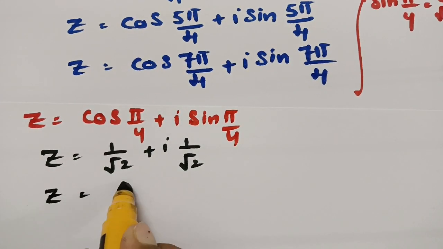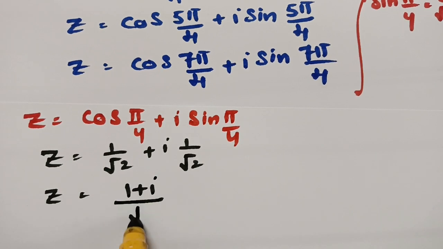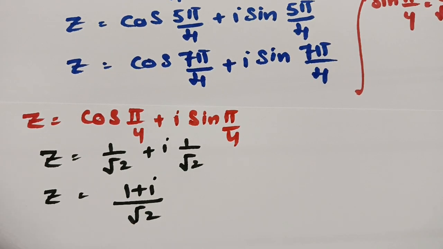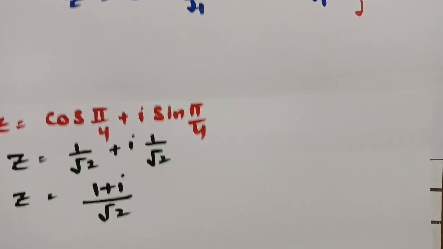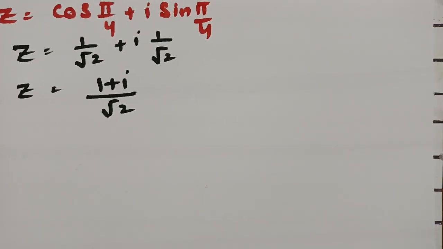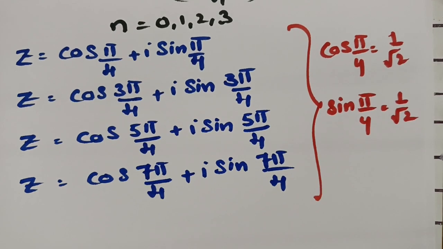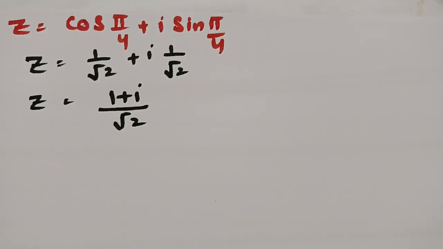Clearly our z value will be (1 plus i) by root 2. So this is our first value. The second value is cos 3 pi by 4 plus i sin 3 pi by 4, so we have to calculate this one.